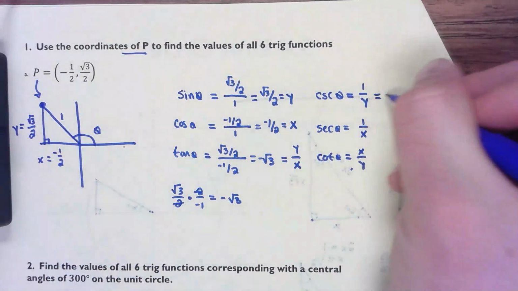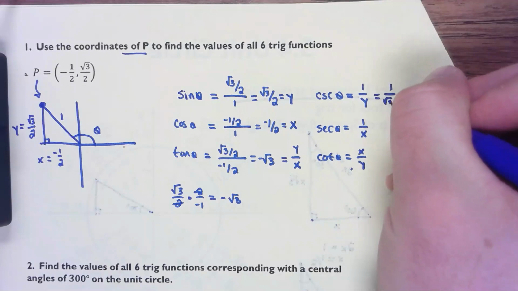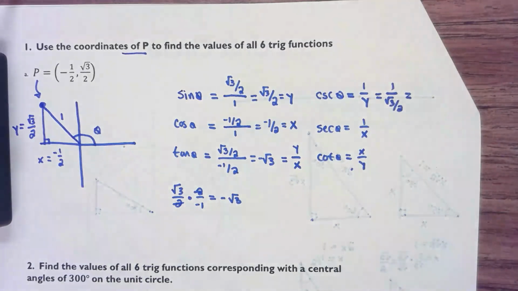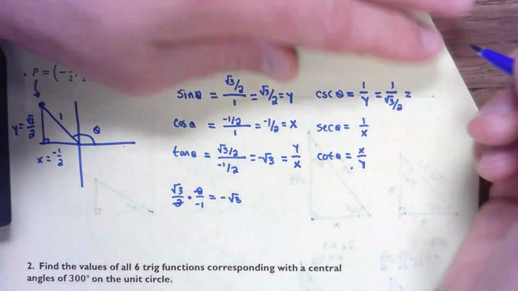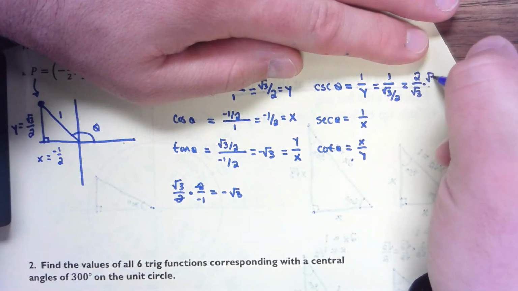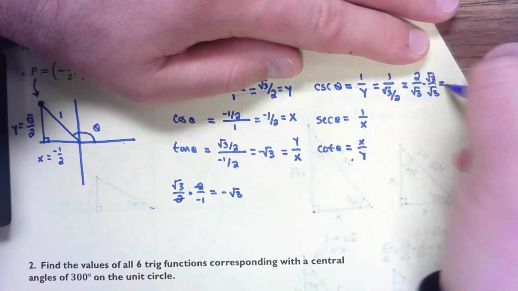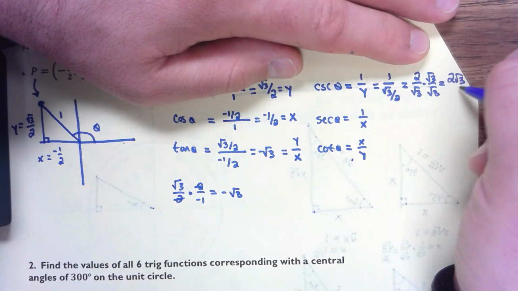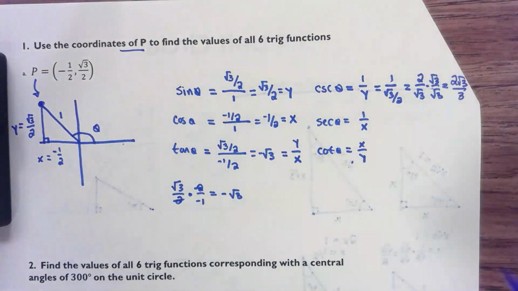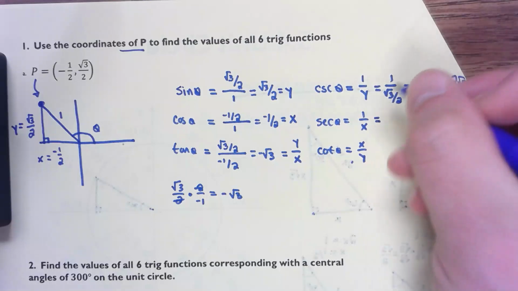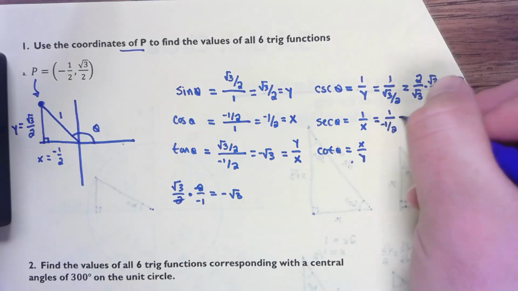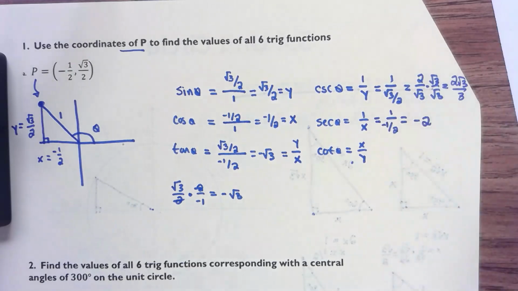So 1 over the y coordinate is 1 over root 3 divided by 2, which is the reciprocal of that. So that's 2 over root 3, which then needs simplified by multiplying by root 3 over root 3, which is 2 root 3 over 3. Secant is 1 over x, so 1 over negative 1/2, which ends up being just negative 2.